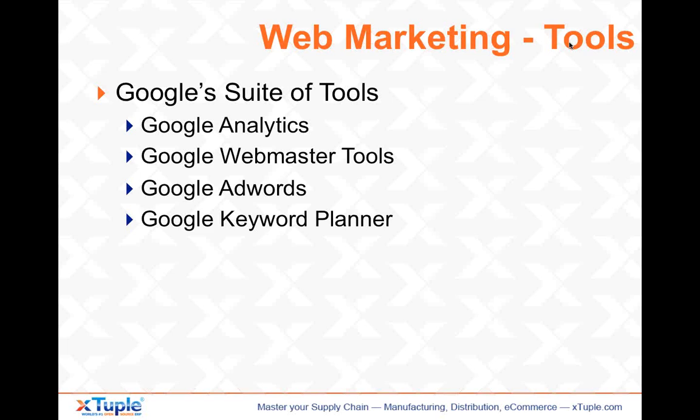Another tool to use is what's called Google AdWords. This is basically an ad that you create that will be showcased on Google whenever a user types some kind of long tail or short tail keyword into the search bar.